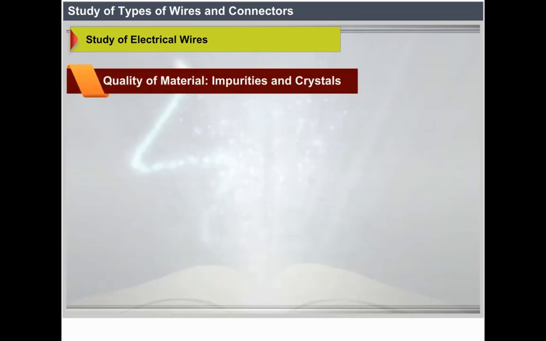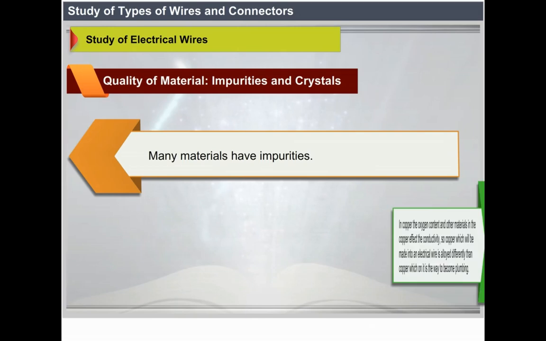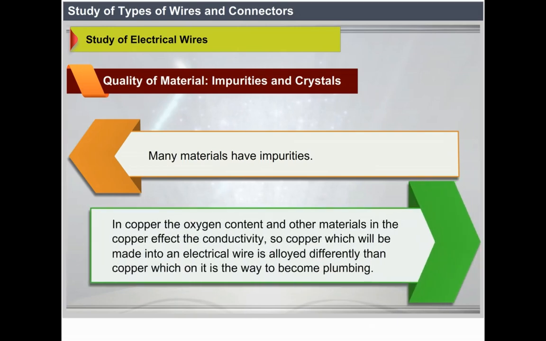Quality of material, impurities and crystals. Most materials have impurities. In copper, the oxygen content and other materials in copper affect the conductivity. So, copper which is used for electrical wire is alloyed differently than copper which is used for plumbing.